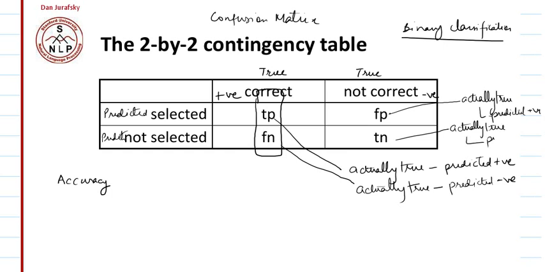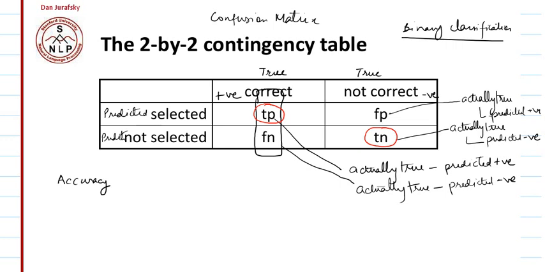So this true positive is actually true as well as it is predicted true. This true negative is actually true and it is predicted negative. That means the original class is negative class and the predicted by the model is also the negative class for these samples.